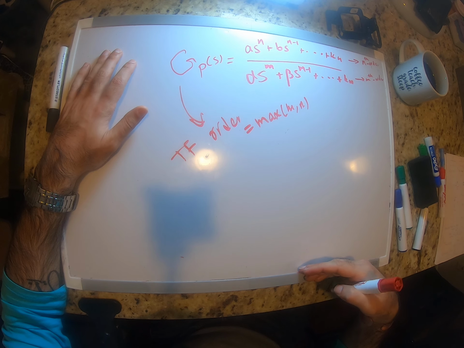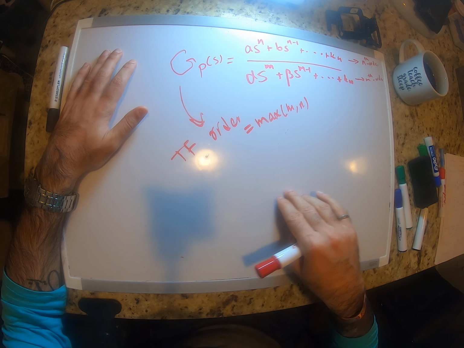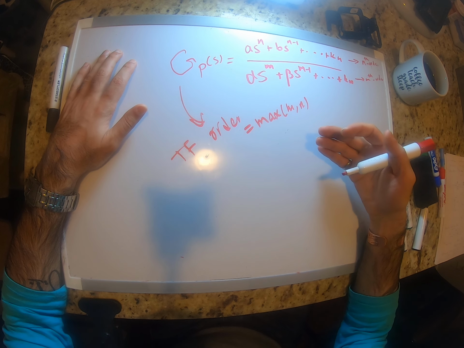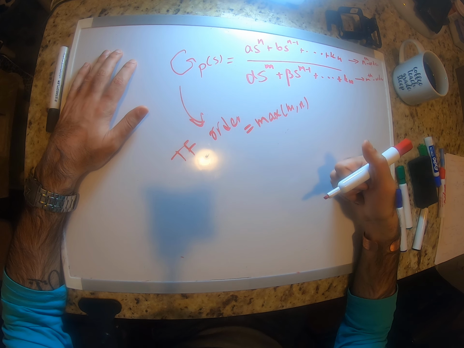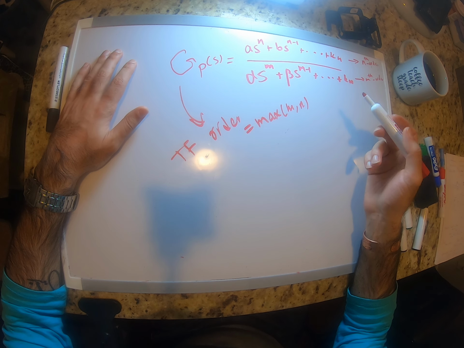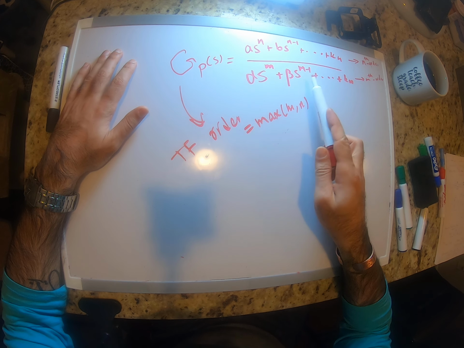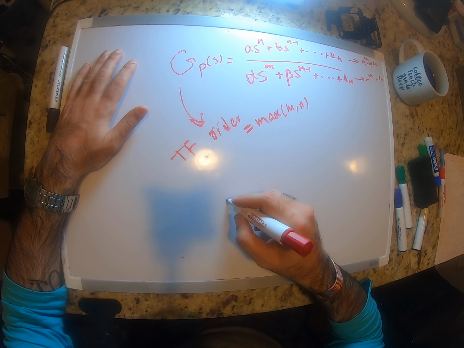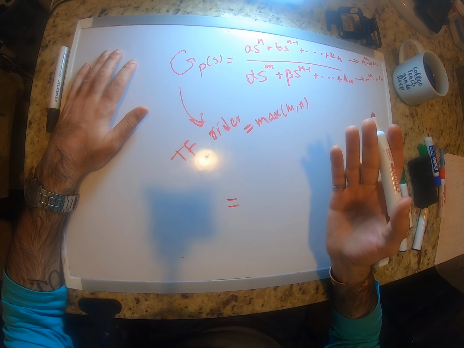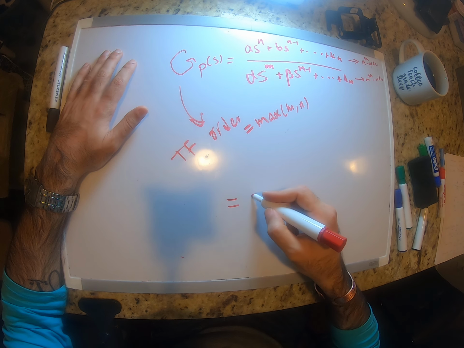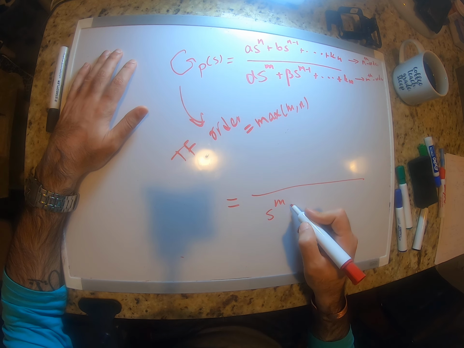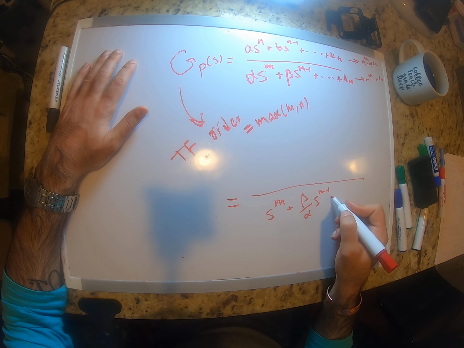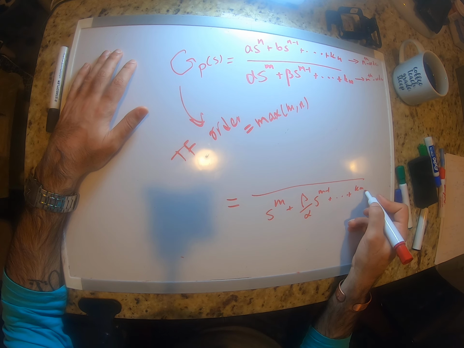So for the previous example, the numerator was first order and the denominator was second order, so we say that the transfer function is second order. This is how we write polynomials, but if I want to write this in the standard format, I have to divide everything by alpha, right? So we're going to end up with something like this: S to the power m plus beta over alpha S to the power m minus 1 plus k_m over alpha.